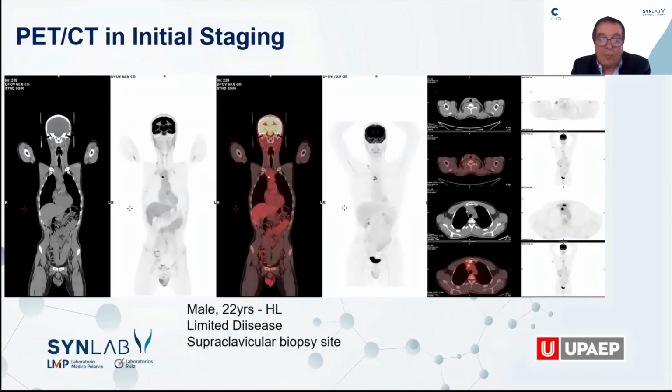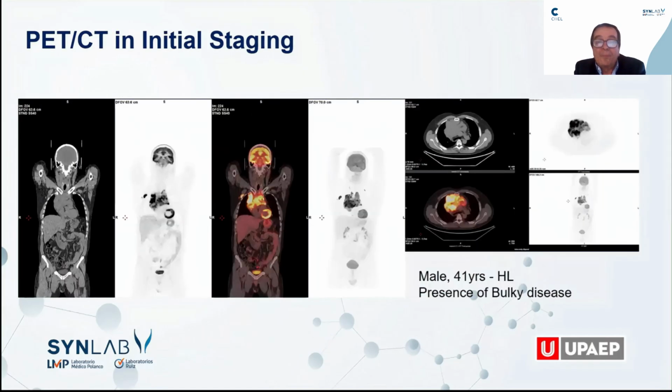In this slide, we see a male patient, 22 years old, with Hodgkin lymphoma showing a stage 2 limited disease by the Lugano classification, with localization in supraclavicular nodes and mediastinal disease.